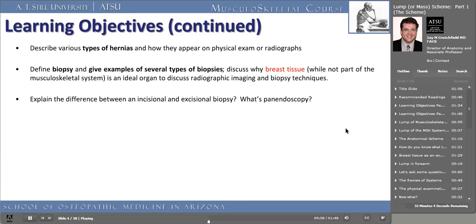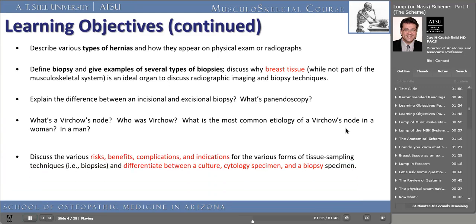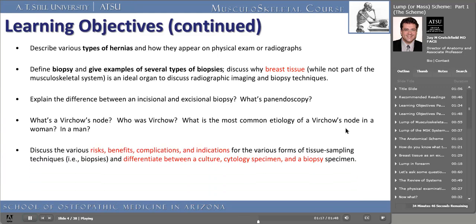What is panendoscopy and when should it absolutely be performed before the biopsy of a lymph node? What is a Virchow's node? Who is Virchow? What is the most common cause of a Virchow's node in a woman, in a man? What was previously believed to be the most common cause of a Virchow's node years ago?